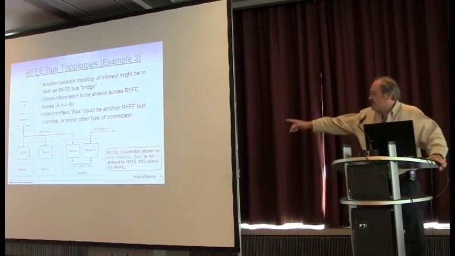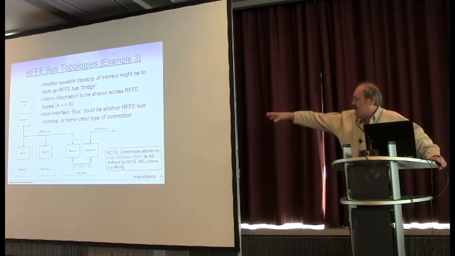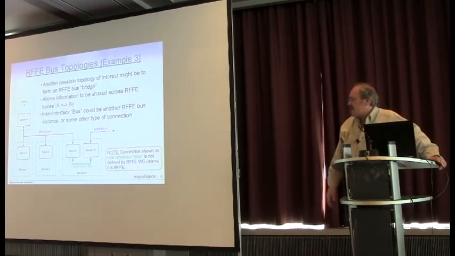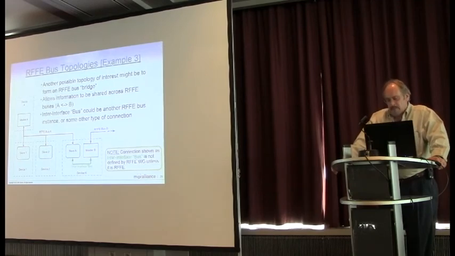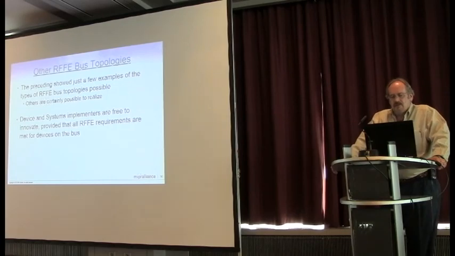Today, of course, it would not be allowed for this master to connect as a second master to the red bus, or A bus in this case, because at this point RFFE is a single master system. So that's just a few of the additional topologies.